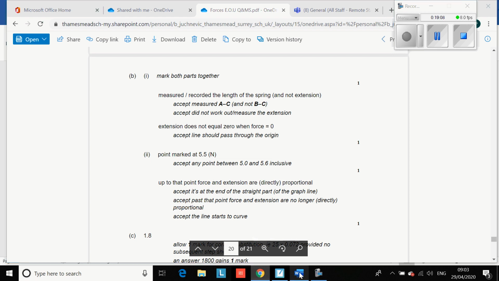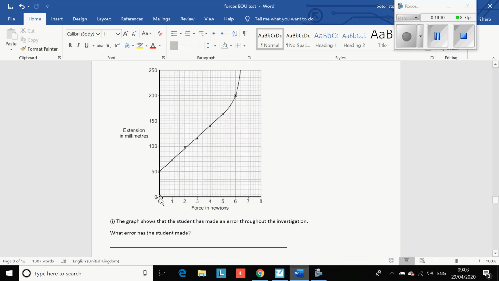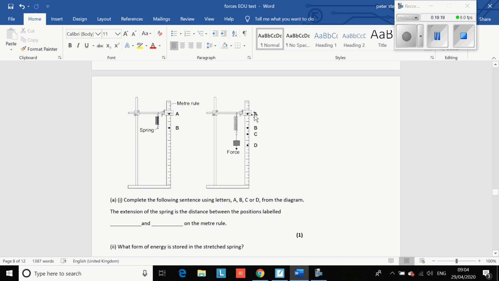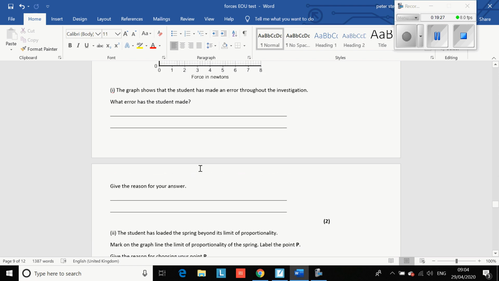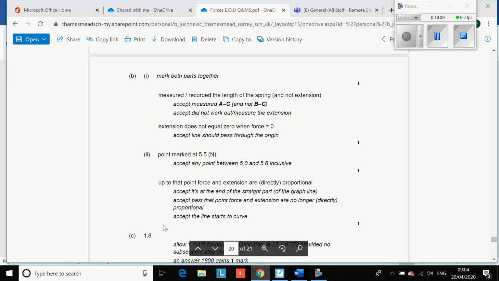So let's have a look at that again. Force should equal 0, so should the extension. What they've done is they've measured between A and C. But remember, the spring is already that length. So that was the reason for that one.